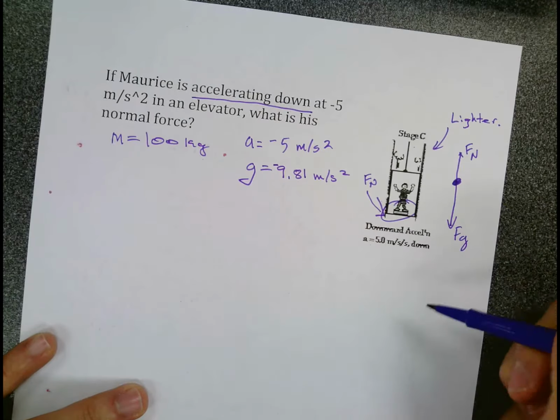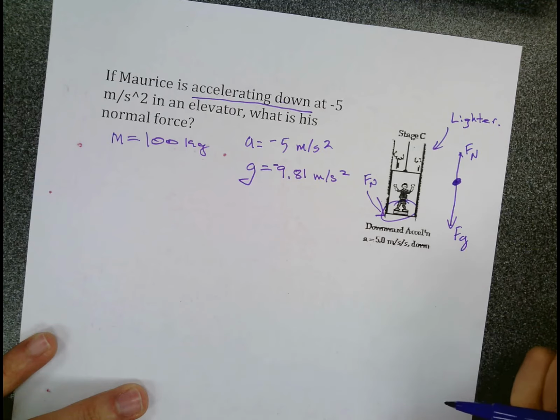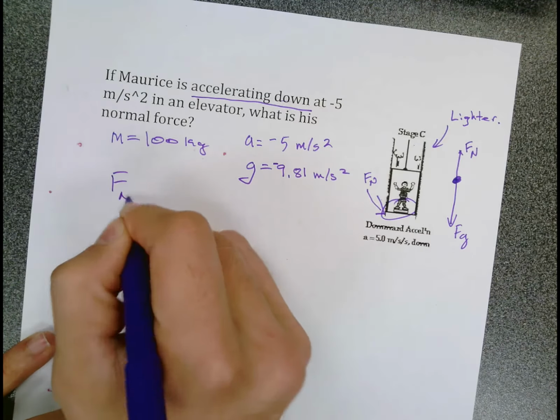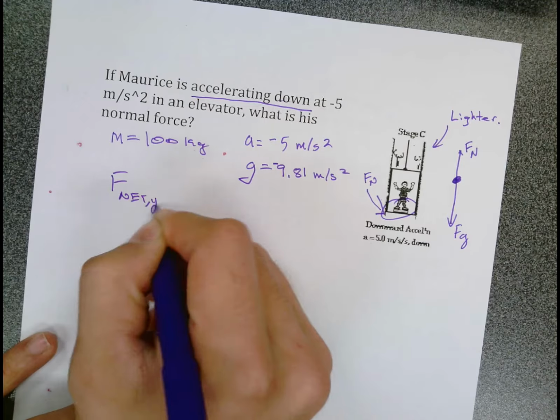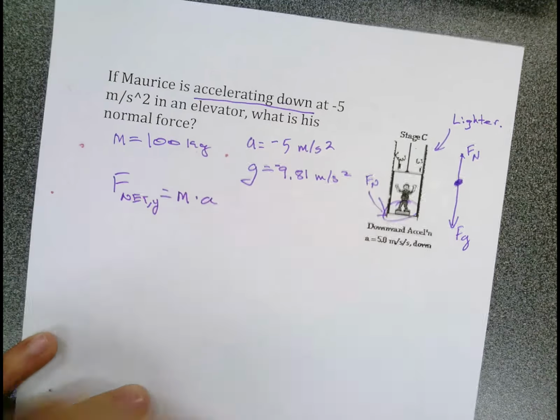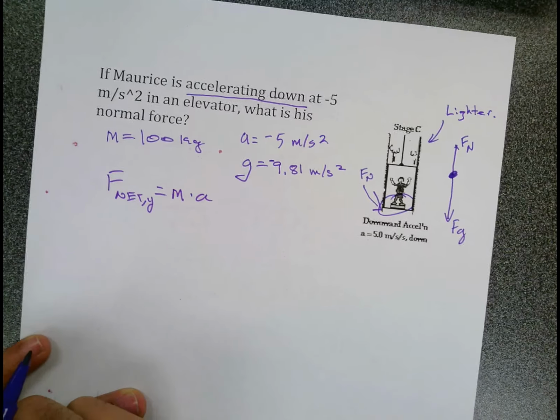The hard part of this question is using which equations. So I'm going to go ahead and list all of the equations for force that we know. We know that the net force in the y direction is equal to mass times acceleration. This is Newton's second law.